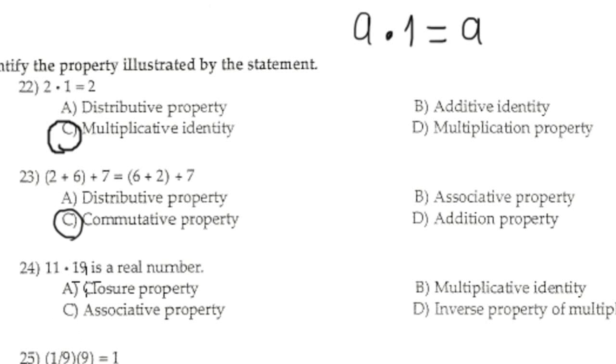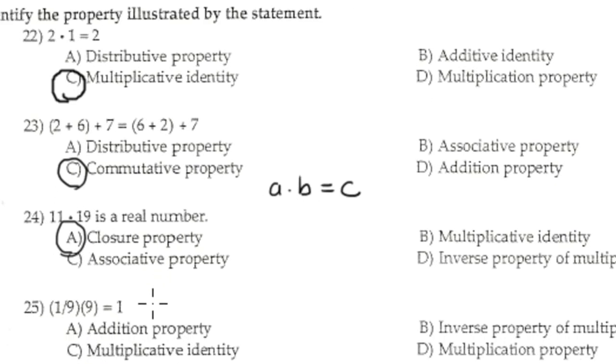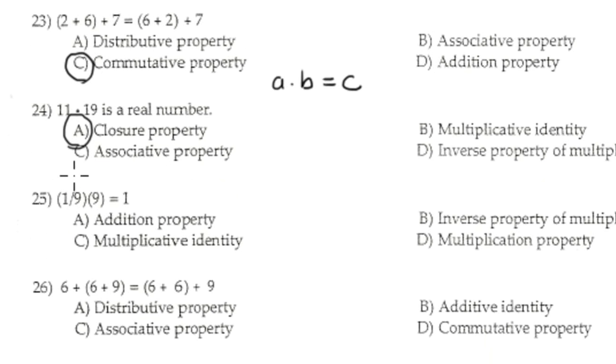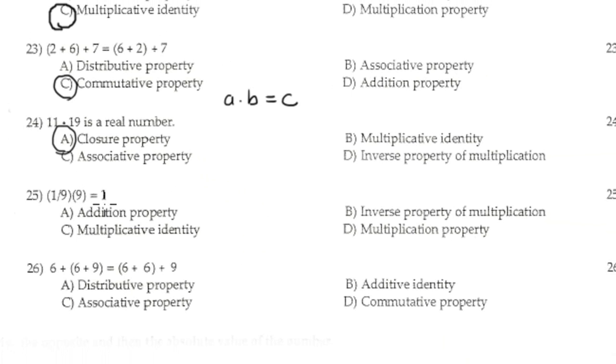Now, a times b is a real number. This is the closure property. Because when the multiplication A times B is equal to C, and A, B, and C are real numbers, this is a closure property. Now 1 over 9 is the reciprocal or multiplicative inverse, times 9 equals 1. Remember, 1 is the identity element in the multiplication.